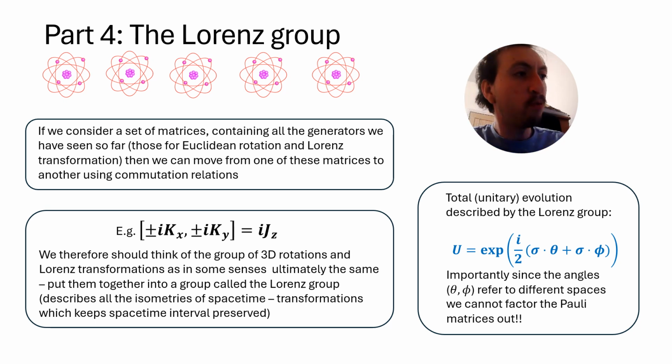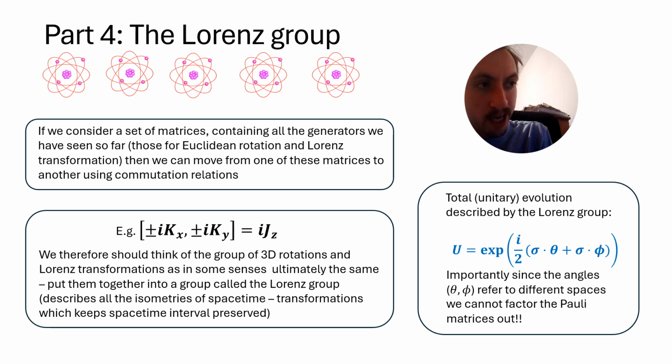And the beautiful thing of this unitary evolution is that this now describes the evolution or the transformation of an object as a consequence of a transformation or of any of the matrices or combination of the matrices within the Lorenz group. And that's quite powerful, really.